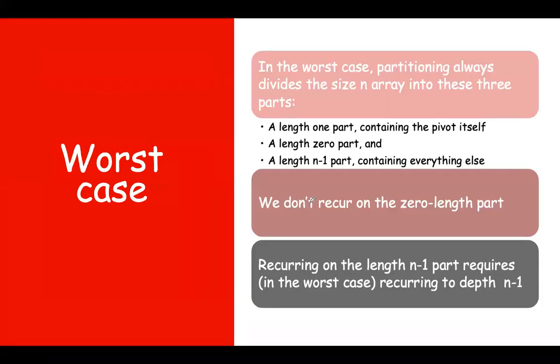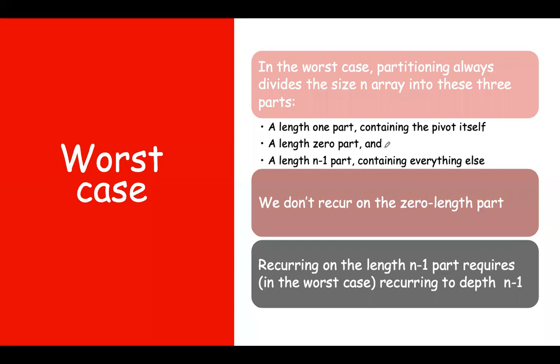We get the worst case if the partition happens this way: the array is divided into one part containing only the pivot itself, or into a 0 part and a part of length n minus 1 containing everything else except the pivot.